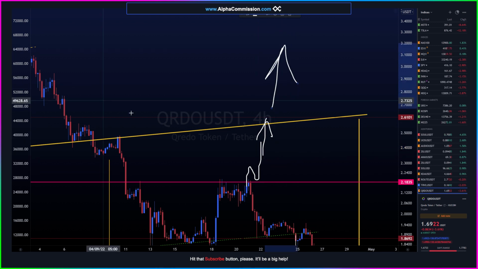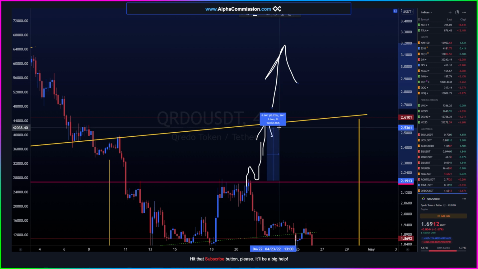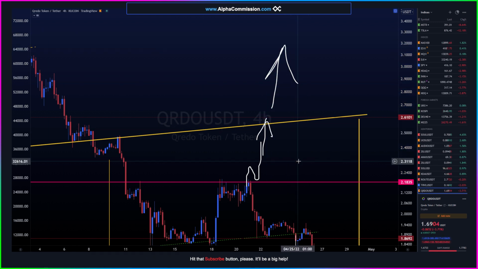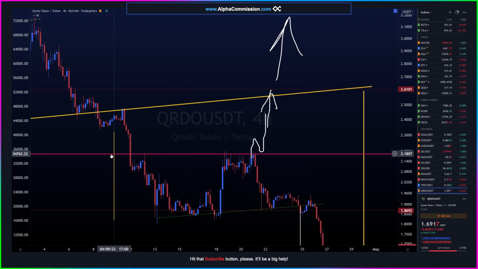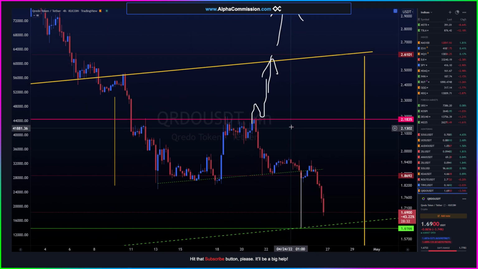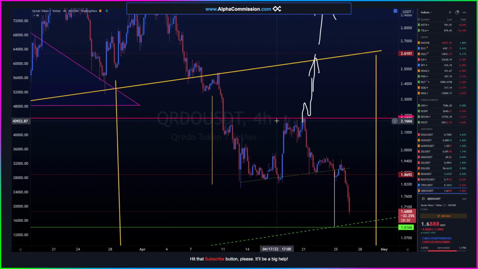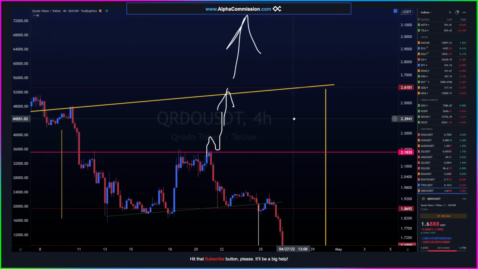And that would be a 15% or whatever move. But we would have to validate it by breaking this horizontal resistance. We never broke that horizontal resistance. You see, it just kind of poked a little bit, but we never broke through it. And so I didn't take that trade.